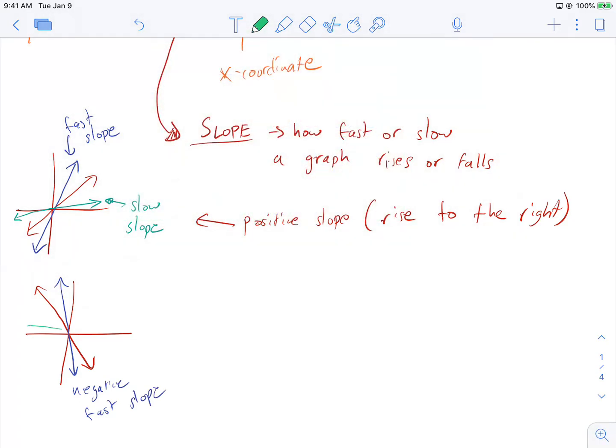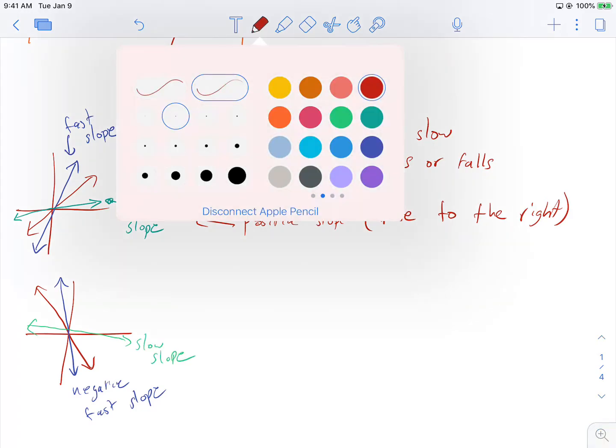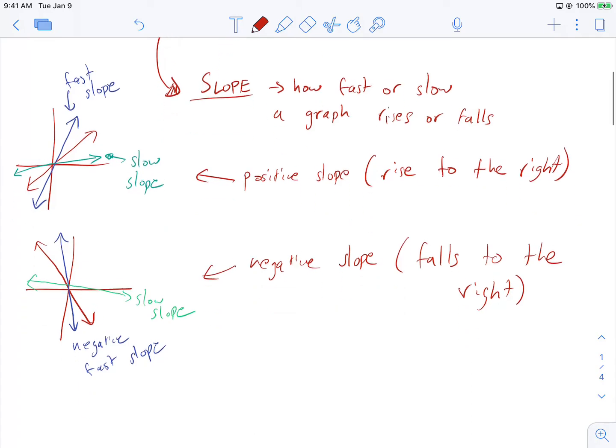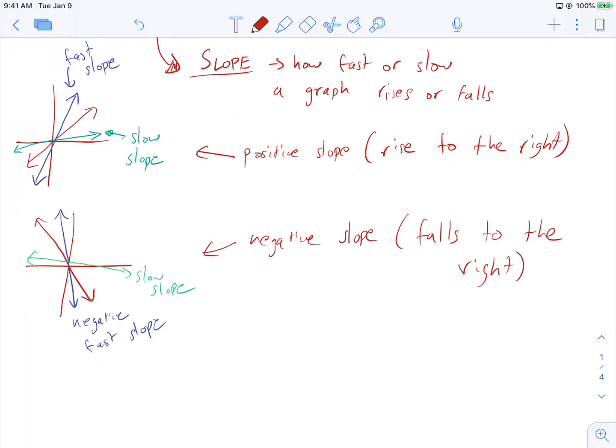Or we can have a negative slow slope. So this is what we call a negative slope. And we know that because it falls to the right. So nice and easy to remember. That's slope. But how do we find our slope?